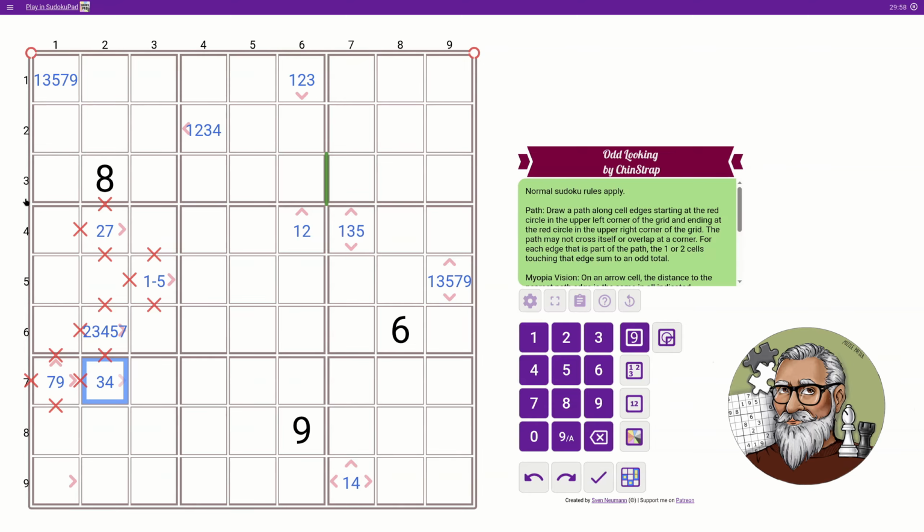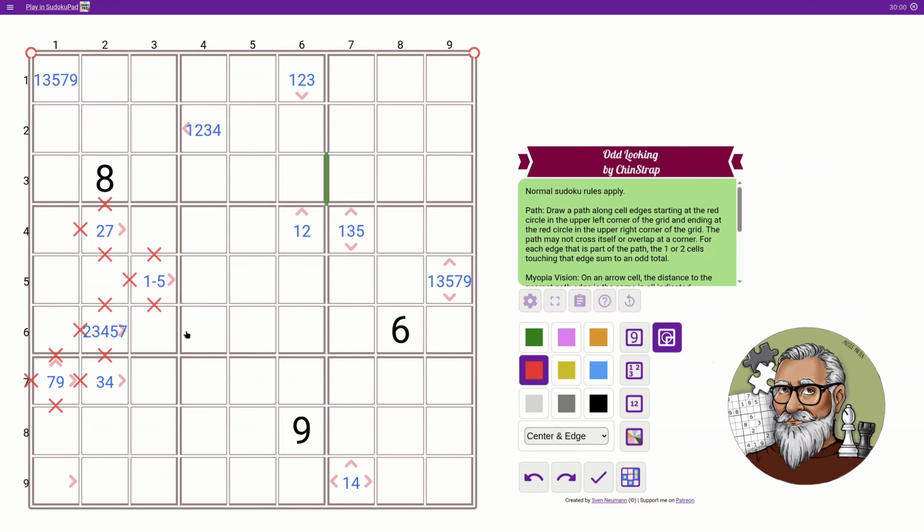Okay, let's do 3. Come on, don't work. I guess this one actually will work, wouldn't it? Because I'm allowed to do this. This can continue from there, and there's nothing wrong with that, right? This would have to be odd, which is fine.